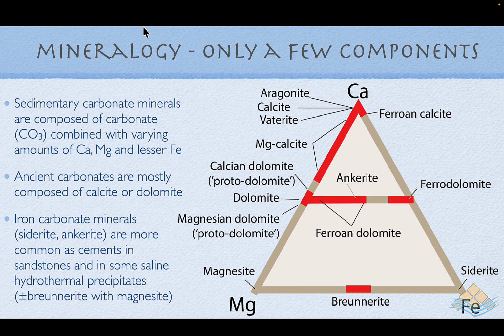Typically, the iron carbonate minerals, those minerals with iron combined with varying forms of magnesium and calcium and carbonate, are more common as cements in sandstones, where the iron's coming out of the adjacent clays and precipitating ferroan cements. We also see iron quite common in saline and hydrothermal precipitates. We also see in that combination between iron and magnesium minerals such as breunnerite associated with magnesite, as we see in the Precambrian Mount Isa halokinetic terrain in northeastern Australia.